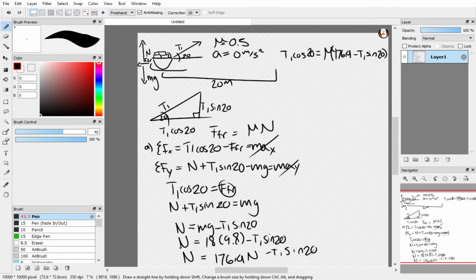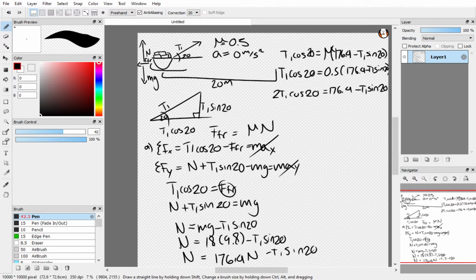After that, we're going to plug in the value of mu, which is T1 cosine 20 equals 0.5 times 176.4 minus T1 sine 20. After that, we're going to multiply each side by 2 to take away the 0.5 here. So it would be 2 T1 cosine 20 equals 176.4 minus T1 sine 20.